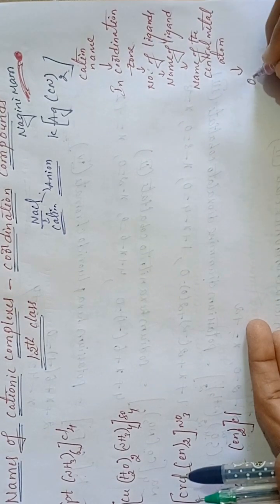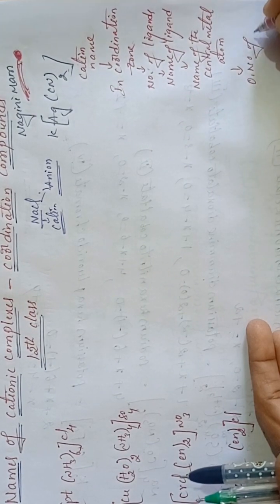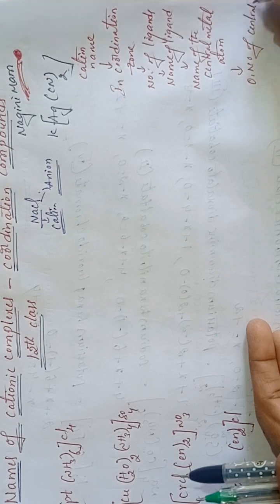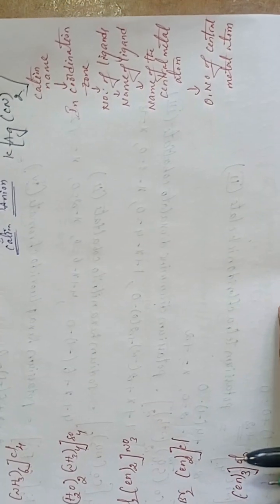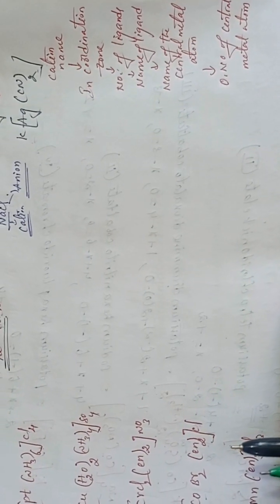Later, you have to write the oxidation number of the central metal atom. This is the order you have to follow, students, when writing the name of coordination complexes.